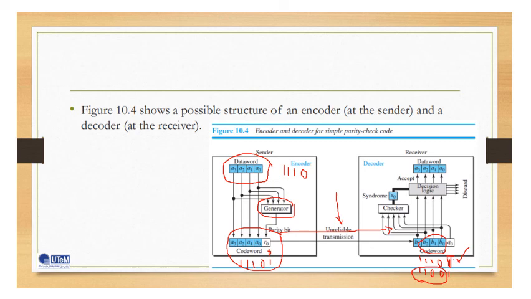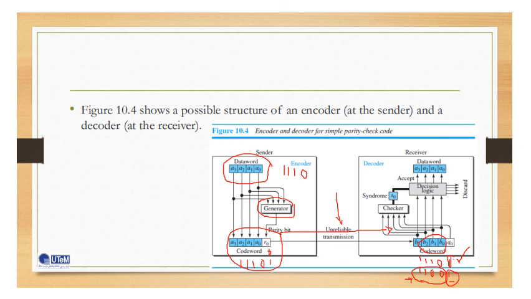But if we look at this case, let's say bit 3 has changed from 1 to 0. When the checker adds them together, 1100, the answer is 2. 2 is even, and the parity must be 0. But now it is 1.